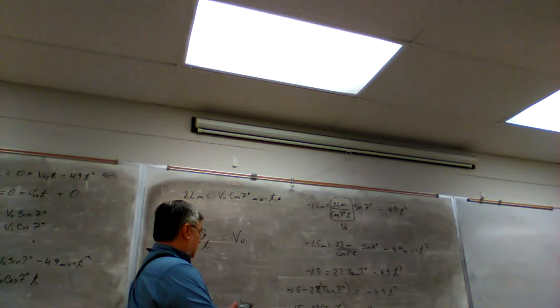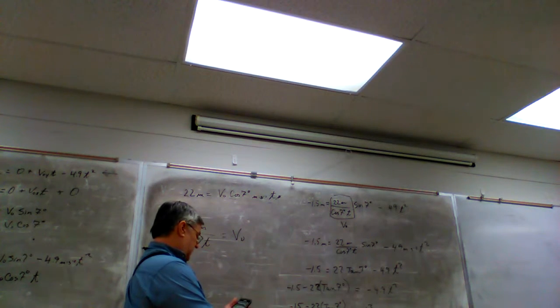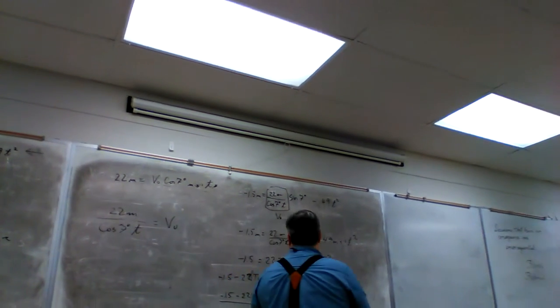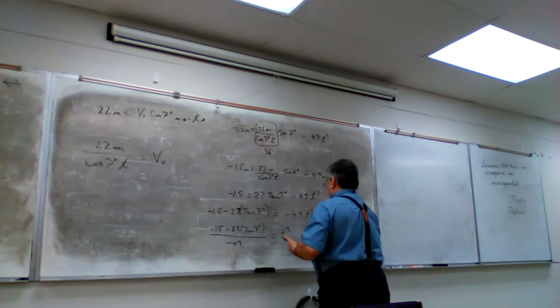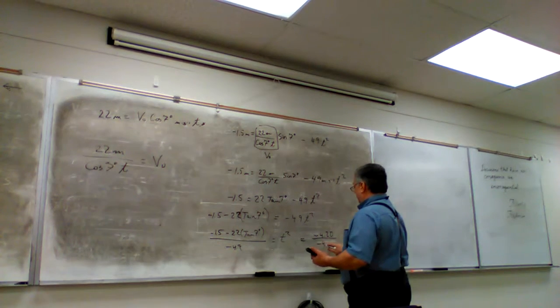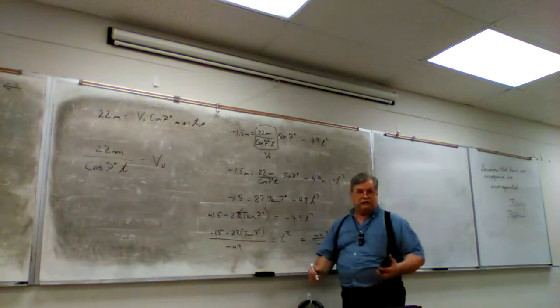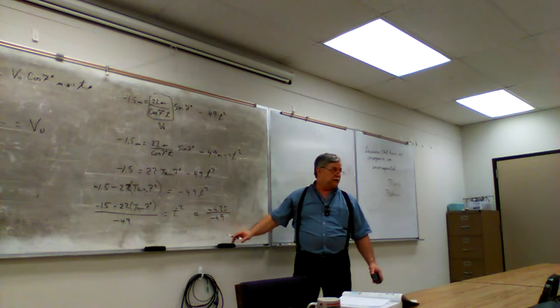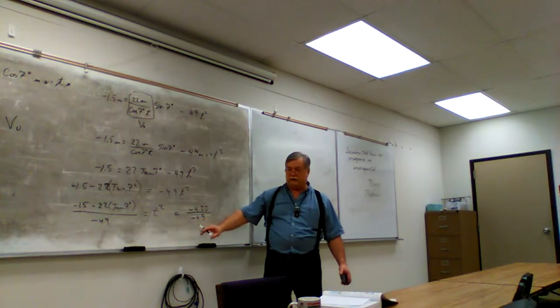Negative 1.5 minus 22 times tangent 7, that's minus 4.20. Divide that by minus 4.9. I wanted to make sure we did this step because I want you to see that we're dividing a negative by a negative, which gives us back a positive.